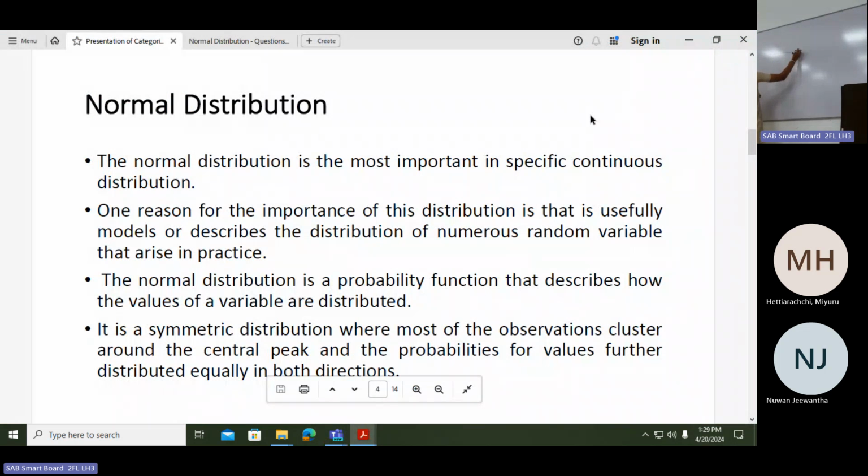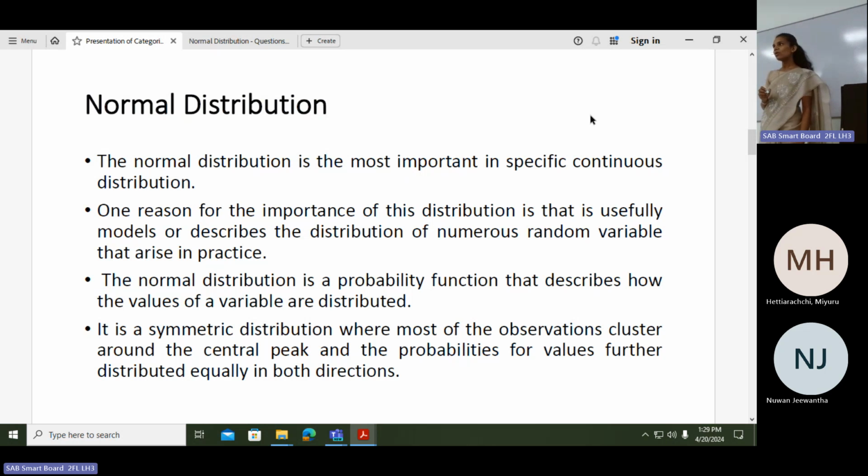The normal distribution curve is a symmetric one. It means the middle point is the center. Most of the observations cluster around the central peak, and we have two equal parts.